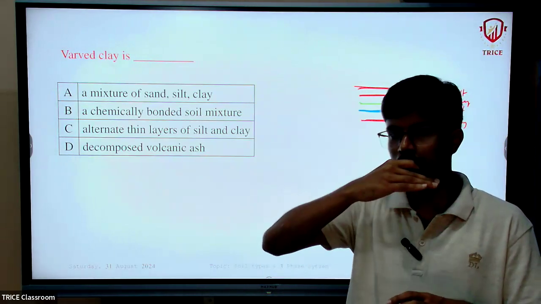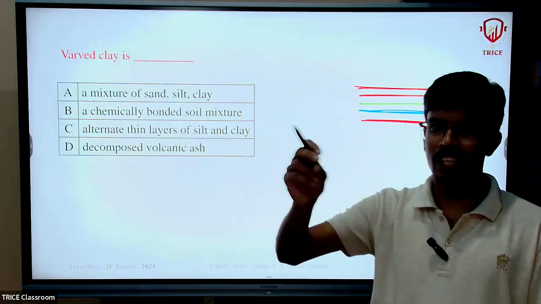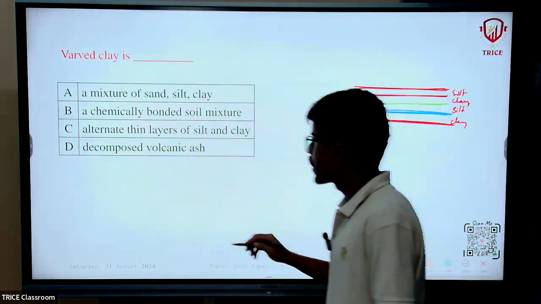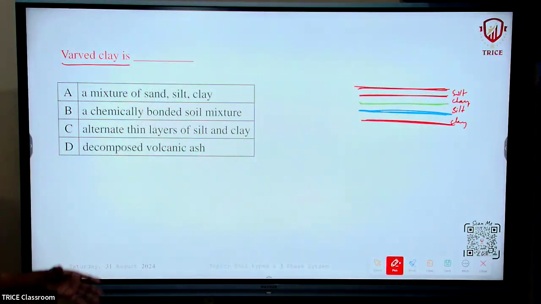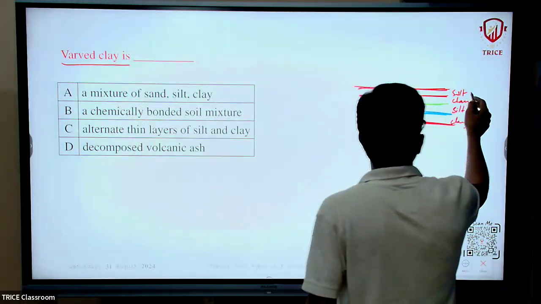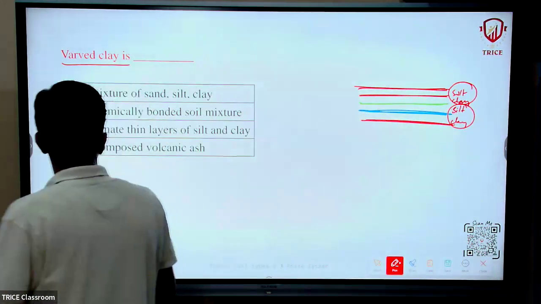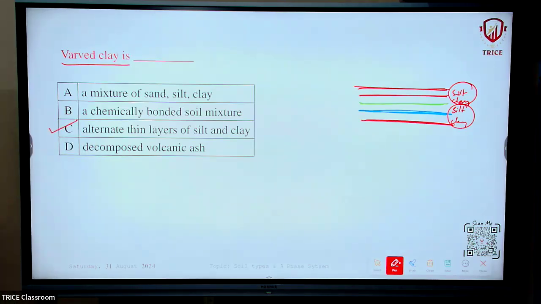If we have thin layers in equal proportion, alternating silt and clay, we call it warwood clay. Warwood clay is nothing but alternate layers of silt and clay. Therefore, this comes under option C, the alternate layers of silt and clay.